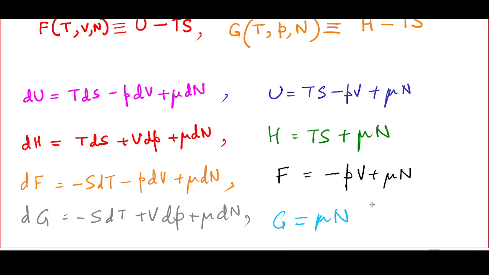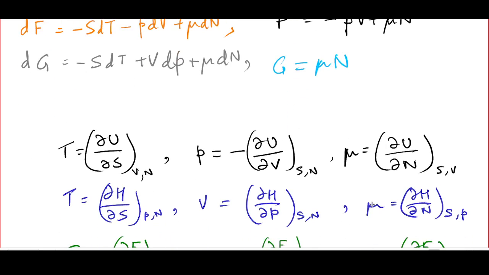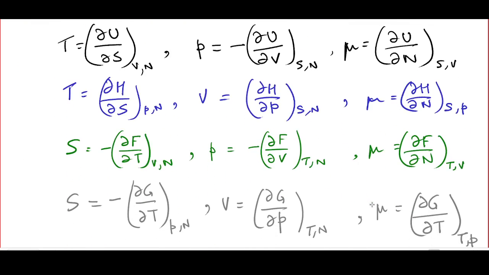Now, as we have just said, you can find out the various thermodynamic quantities by differentiating the thermodynamic potentials with respect to their arguments. Here you can see a list of those relations on your screen, and I'm not going to repeat all of them. We have already just said how you can arrive at these.